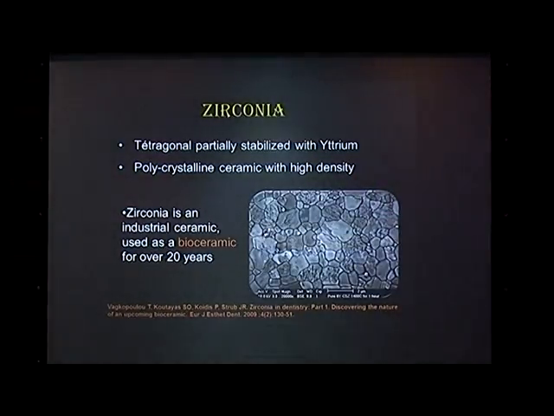Like Dr. Paramjit said, tetragonal partially stabilized with yttrium. This is what we use in dentistry. You take zirconia by itself, you cannot use it. Only when you stabilize it with yttrium can you use it. Now why do we want yttrium? Because zirconia is not like cobalt chromium.